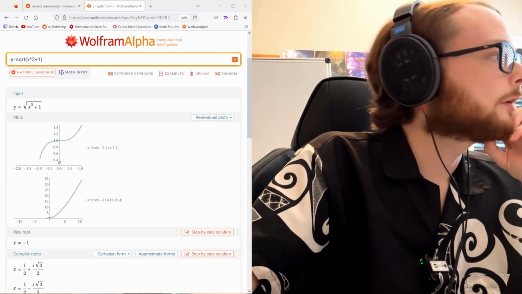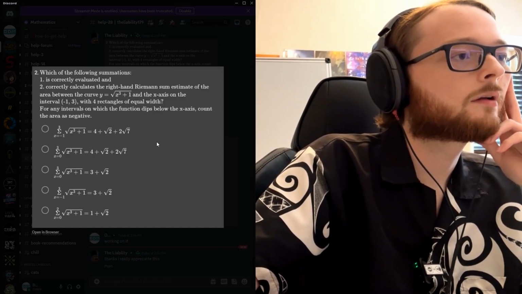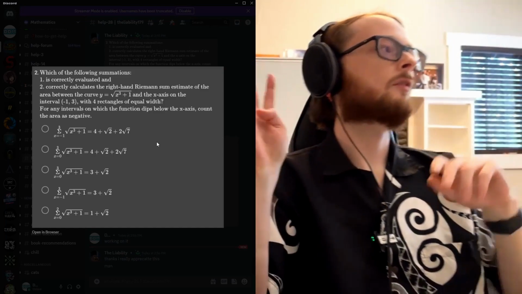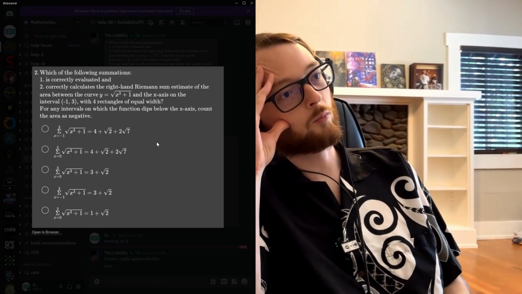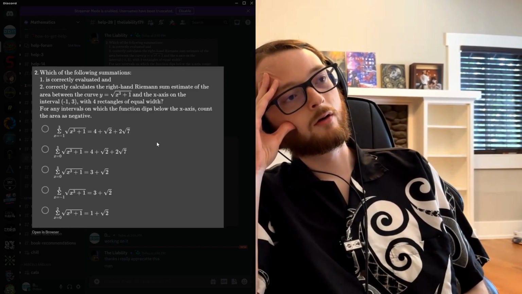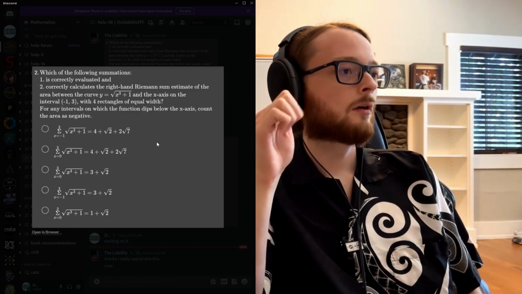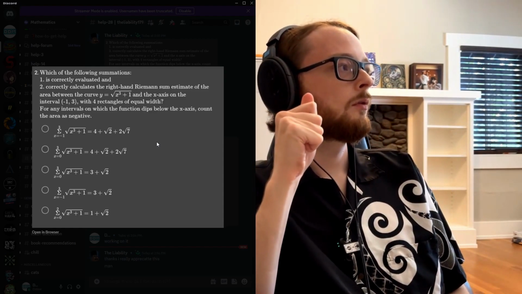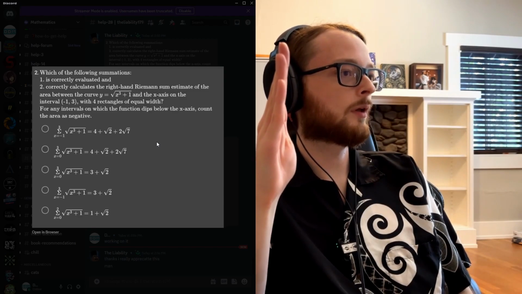So immediately, oh shoot, let me get my Discord back up. So we want 4 rectangles over the interval -1 to 3, and a right-hand side. Because it's right-hand, one rectangle is going to be at 0, another at 1, 2, and 3.